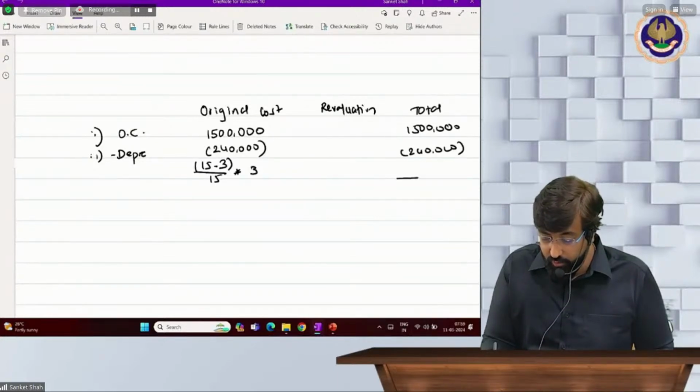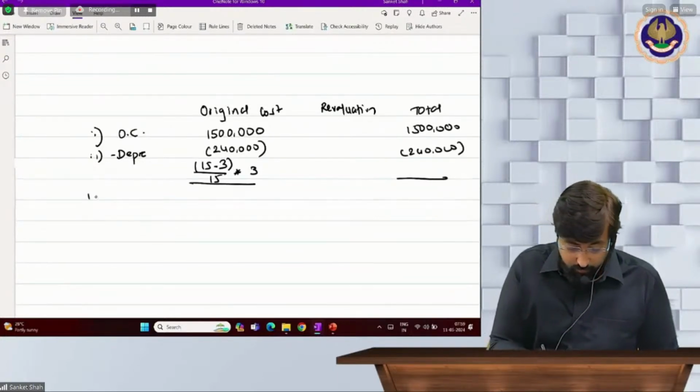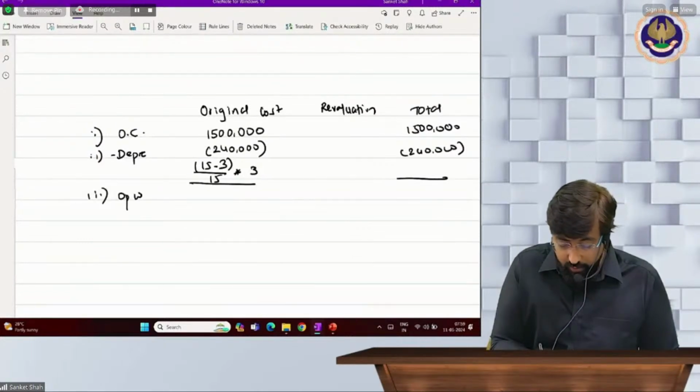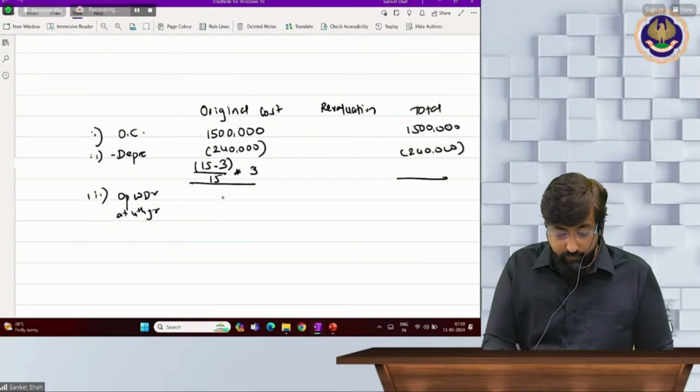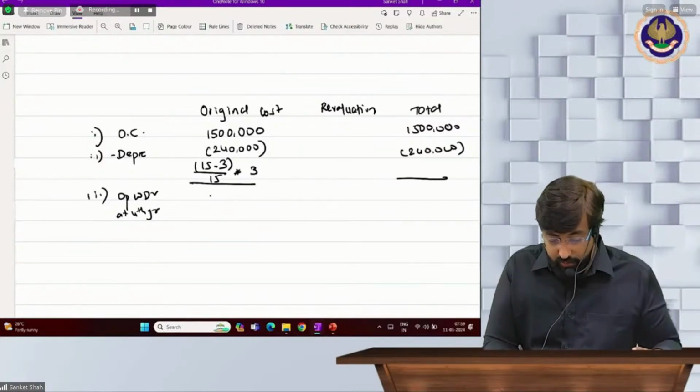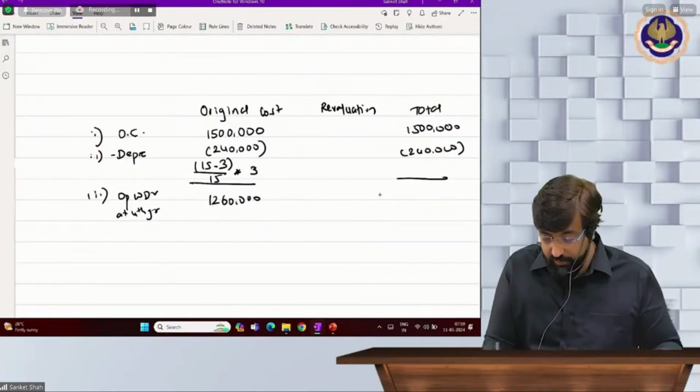So what is the closing WDV, beta? Or you can write opening WDV at fourth year. Yes, 12 lakh 60,000.